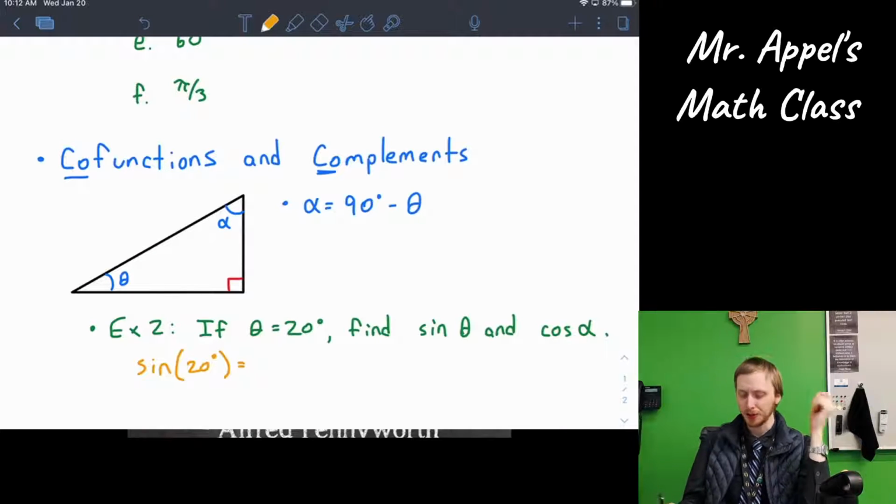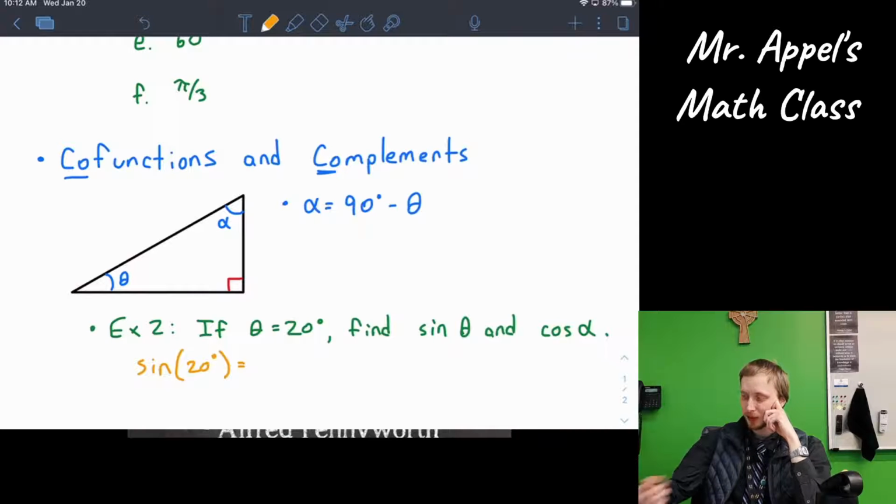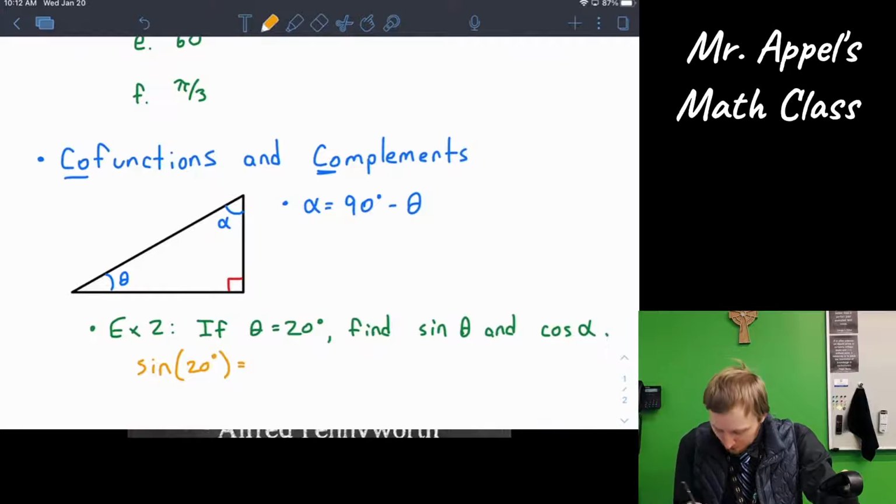That's not one on the unit circle. I will accept a decimal. Give me like 3 places or more. I can round off of chat. Thank you, Ruby. 0.342.